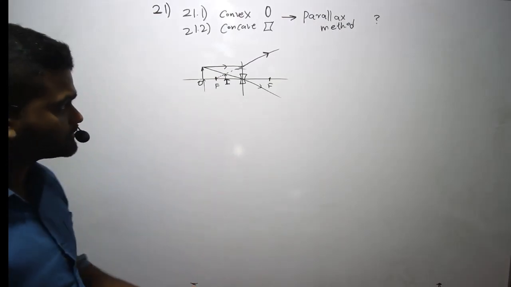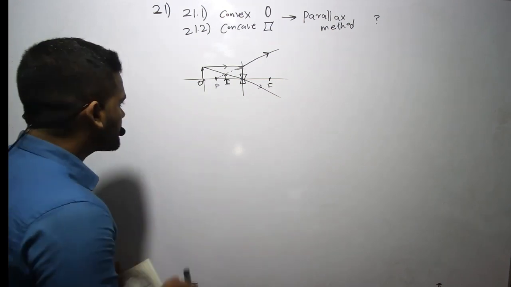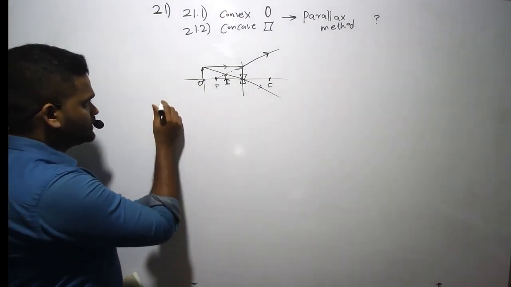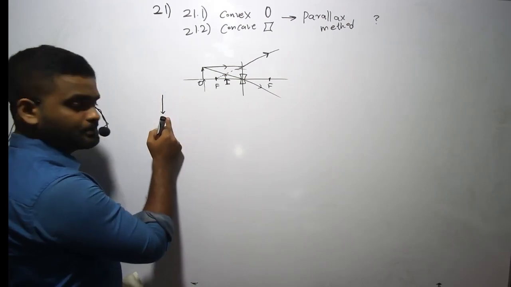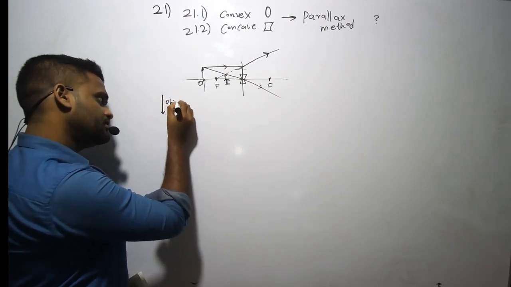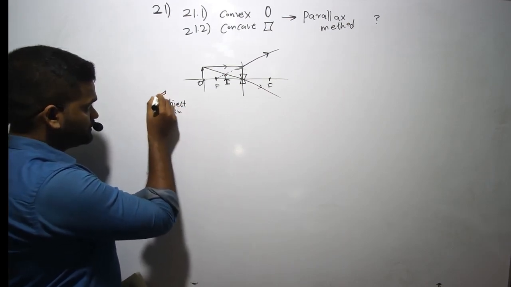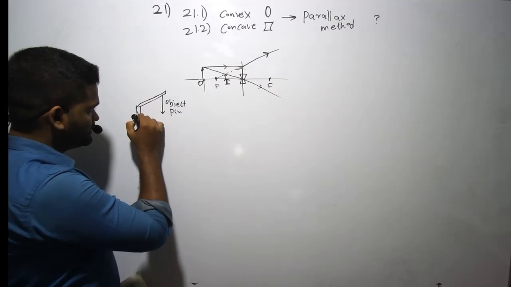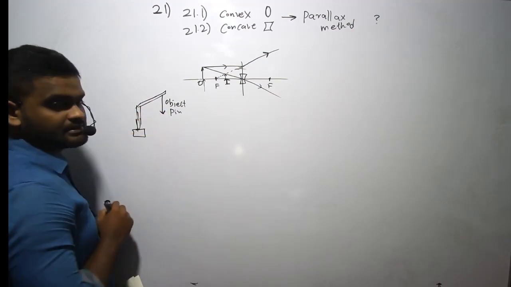Okay. So for this, you are going to use the object pin. This is the object pin, like this. You hang the object pin onto the principal axis using a stand.